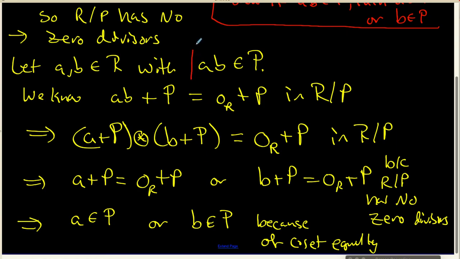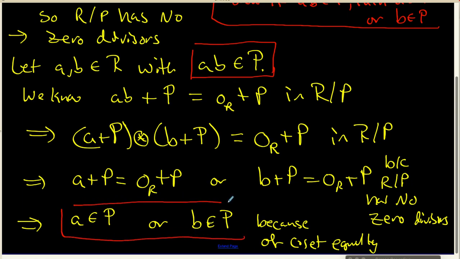But what I really want to look at is what we have accomplished. We started off with the hypothesis that A times B was inside P. And we now have that A times B inside P does indeed imply A is in P or B is in P. In other words, we have shown our goal.